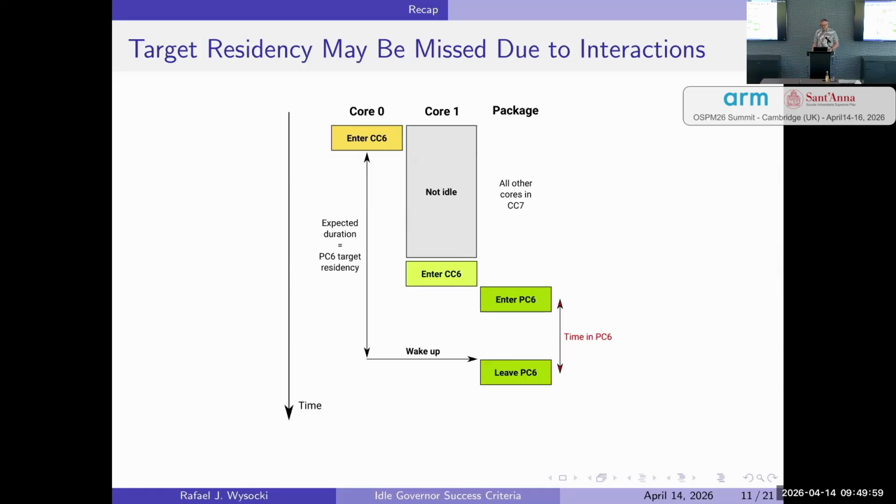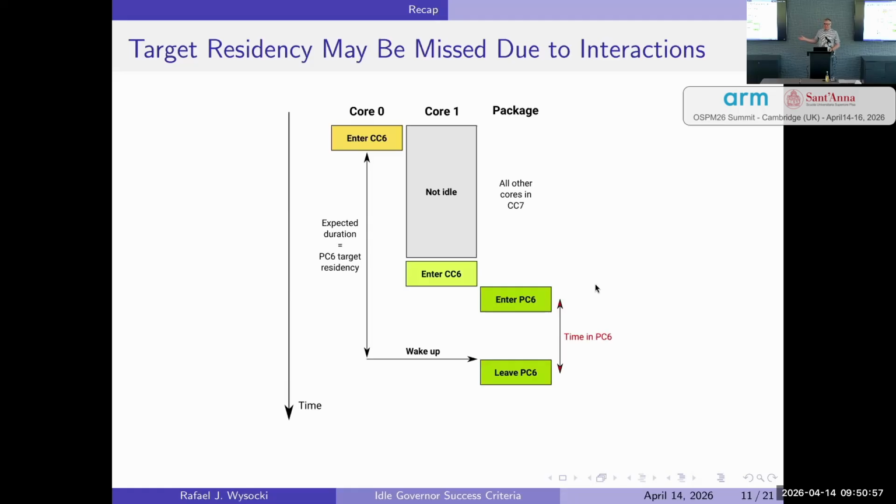This is an example of those problems, where you can actually miss a target residency for PC6 if, say, one core enters the core C6 idle state, into the package idle state, but the other core is idle initially, and then it enters the C6 core state, and again it has the time to go to the package state, but then a wake up happens on the first CPU, and as a result, the package doesn't stay in a package state for enough time, and that's one of the problems.